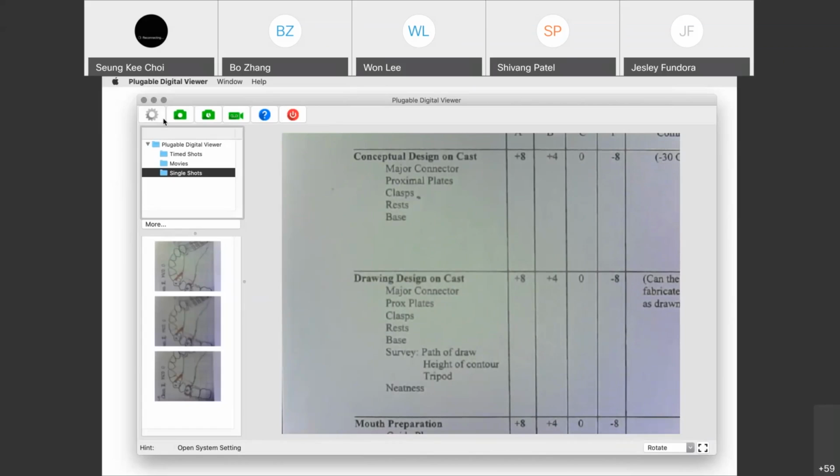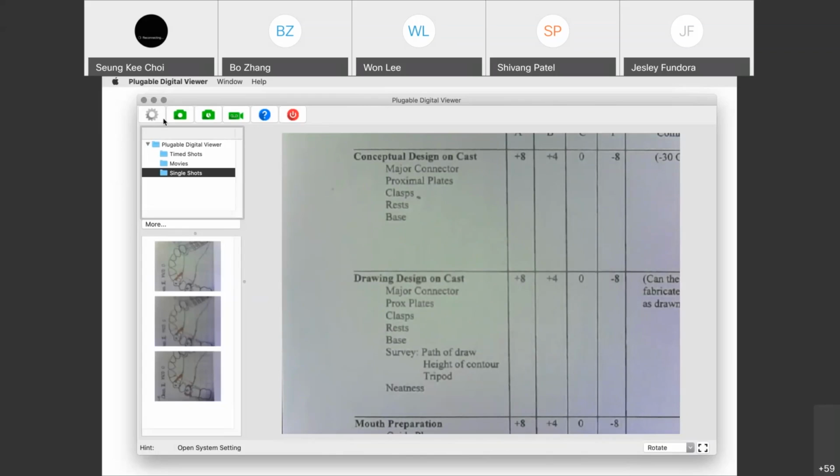So that's a drawing mistake. I'm not going to take the points off conceptually too. Now, if you also indicated the I-bar has retention on mesial buccal, and you drew it on mesial buccal, you're going to get points off from drawing design as well as conceptual design.